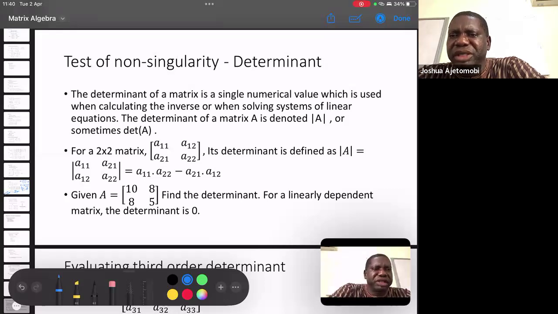Then you subtract the product of A12 and A21 from it. So given A as 10, 8, 8, 5, find the determinant. So the determinant will be 10 multiplied by 5.